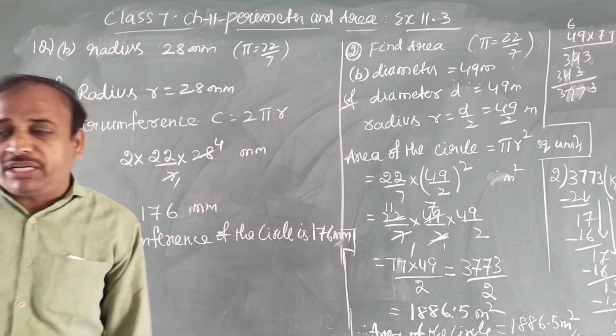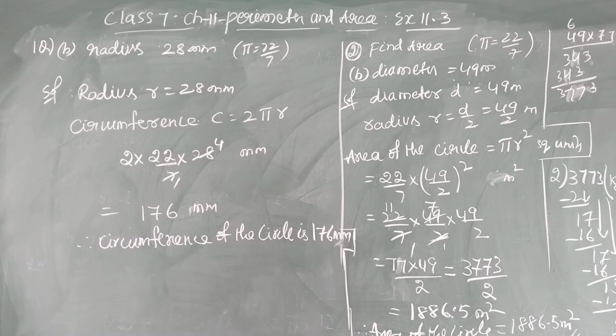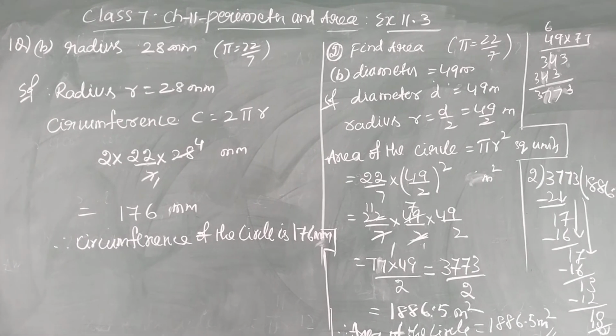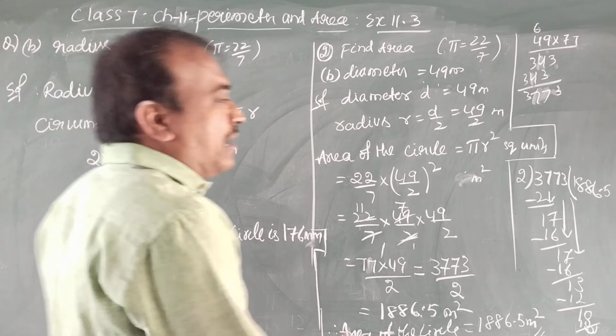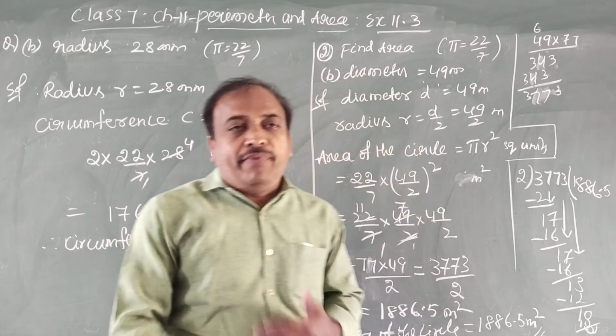So like this we find the circumference and area of a circle. I hope you understood.